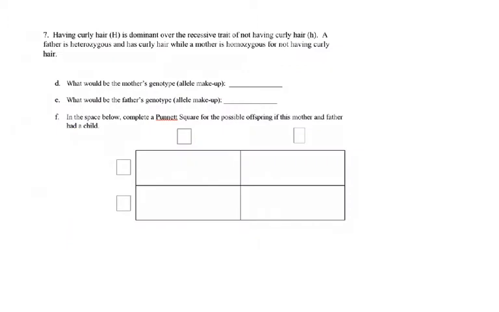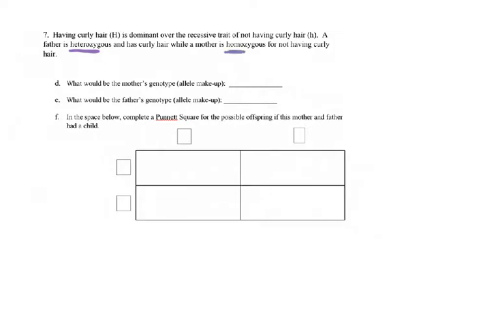7. Having curly hair is dominant over the recessive trait of not having curly hair. A father is heterozygous and has curly hair, while a mother is homozygous for not having curly hair. Okay, so they're saying dad has two different, so he's going to have an uppercase and a lowercase h, but mom has the same, same.